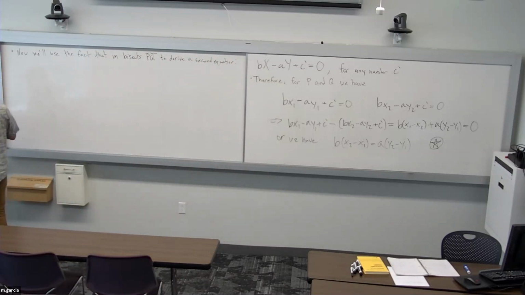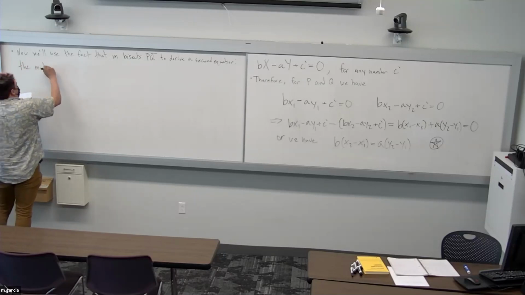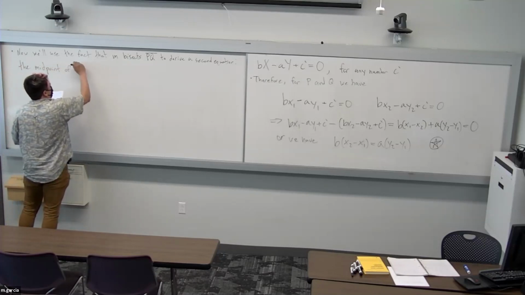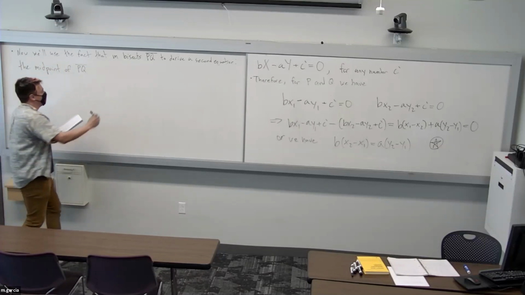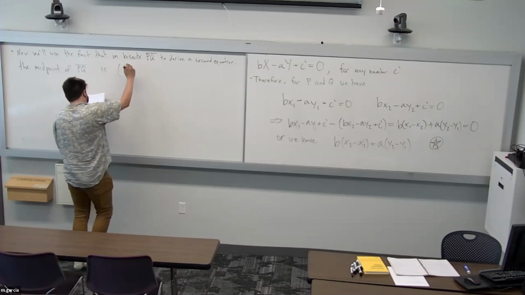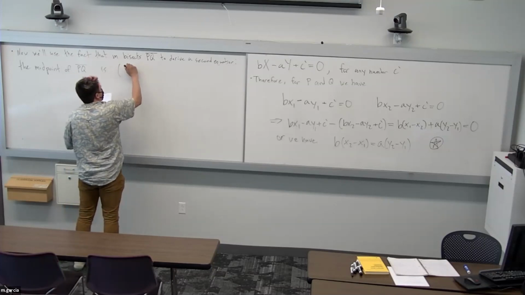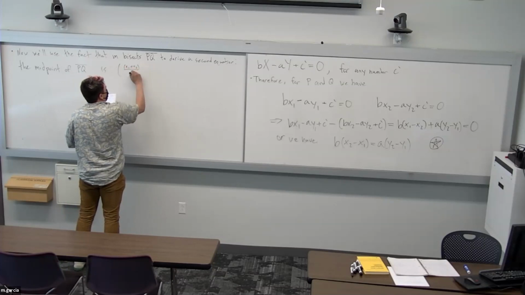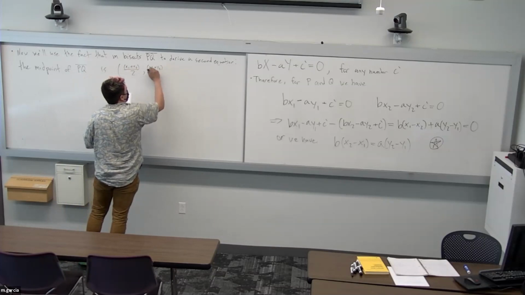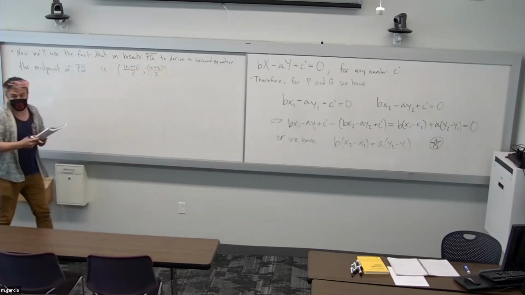Okay, so first of all, the midpoint of PQ has a nice analytic formula, right? It is just given by the sum x1 plus x2 divided by 2, comma y1 plus y2 divided by 2, right?